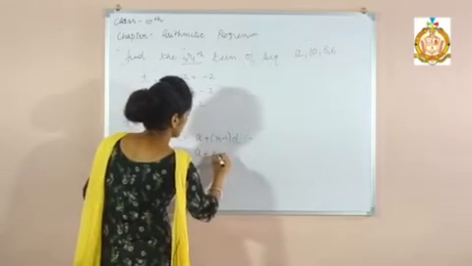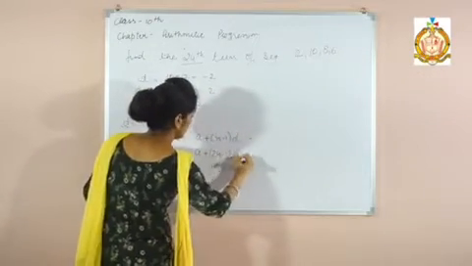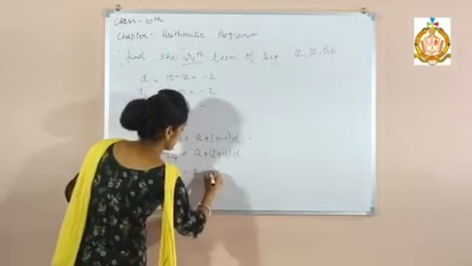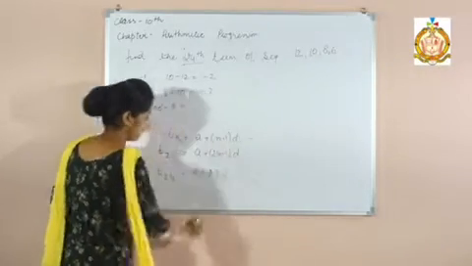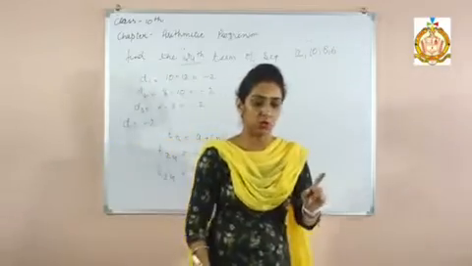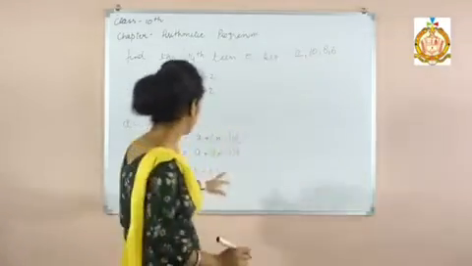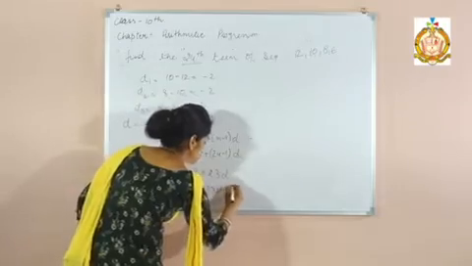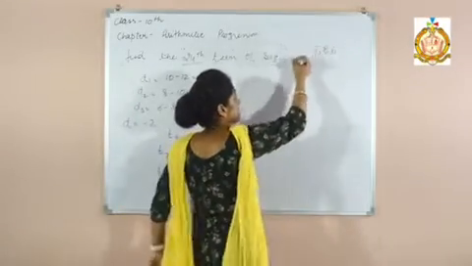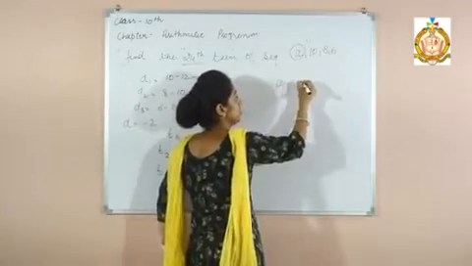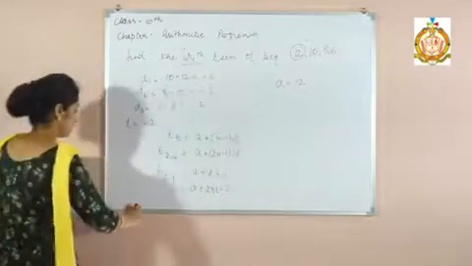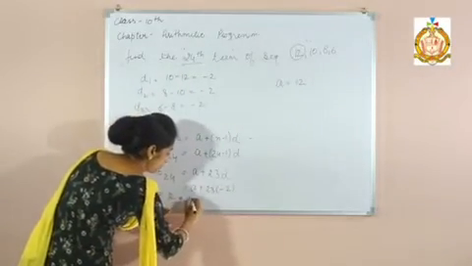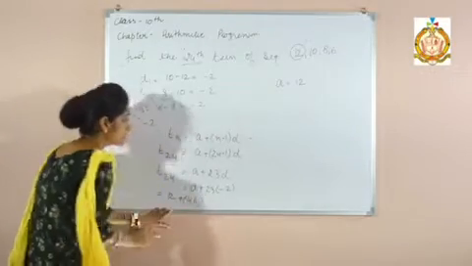T24 is a plus (24 minus 1) into d, which is a plus 23d. Now d is minus 2, so a plus 23 into minus 2, and a is 12.